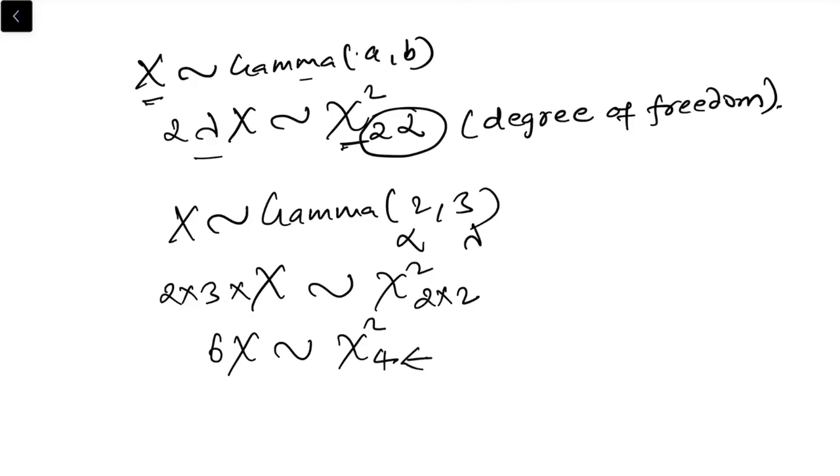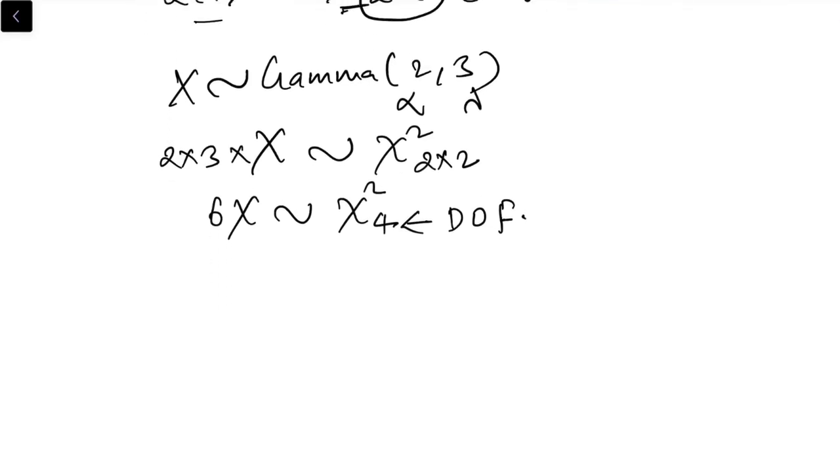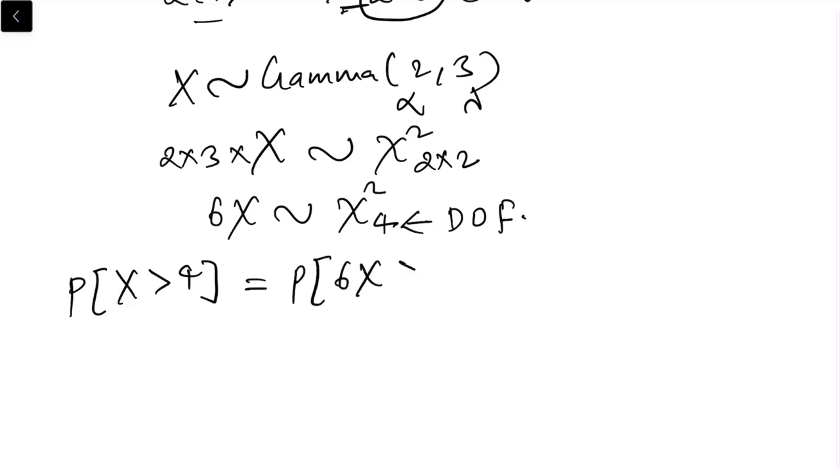And this is the degree of freedom. Okay. So now how do we calculate the probabilities? Let's say you are given probability x is greater than 4. So we can write probability 6x greater than 24, right? I have multiplied by 6 on both sides.